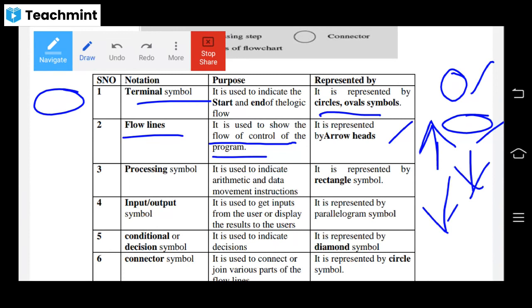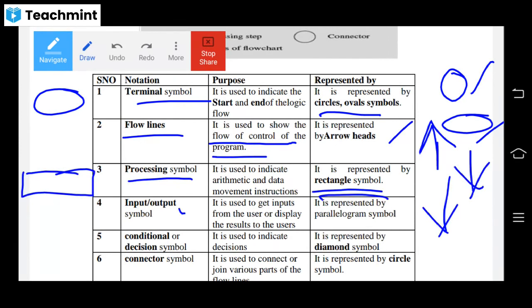The next notation is the processing symbol. Its purpose is to indicate arithmetic and data movement instructions. We can perform logical operations in it. It is represented by a rectangle symbol.